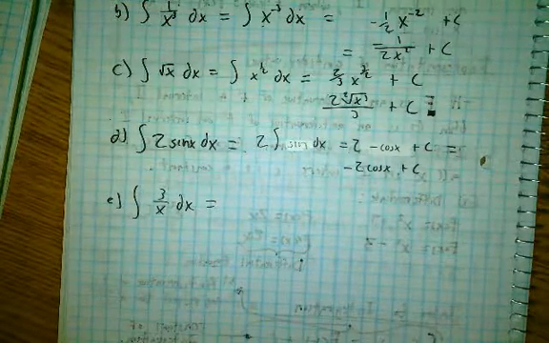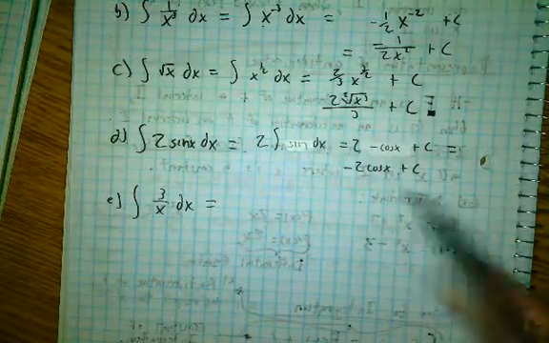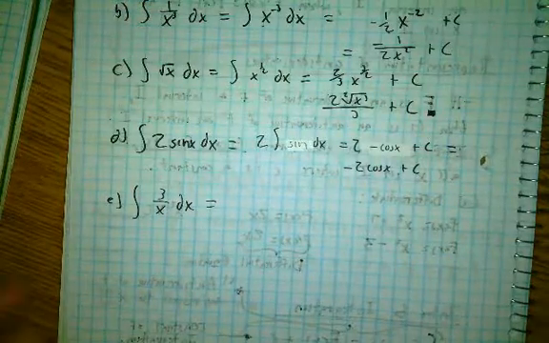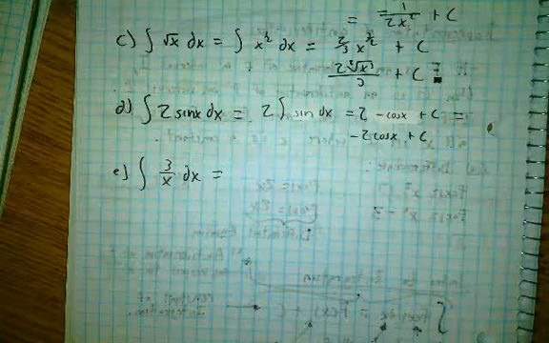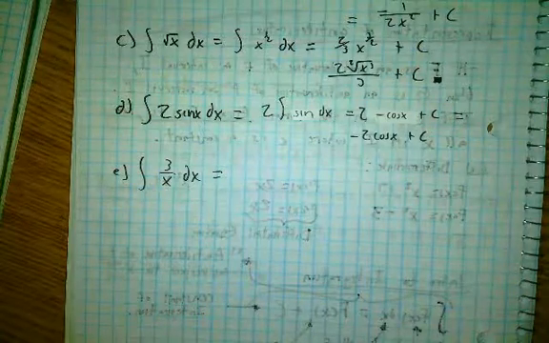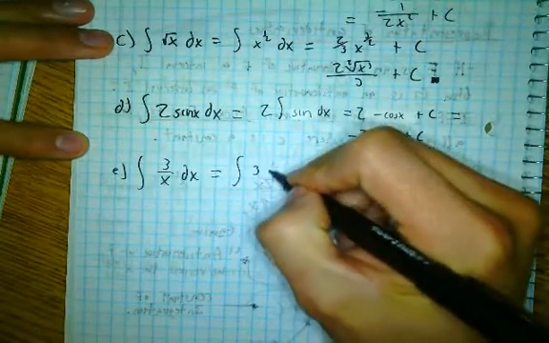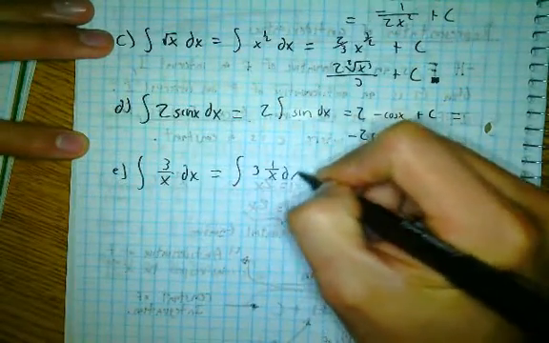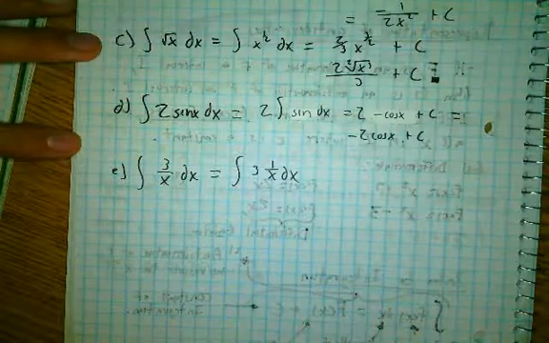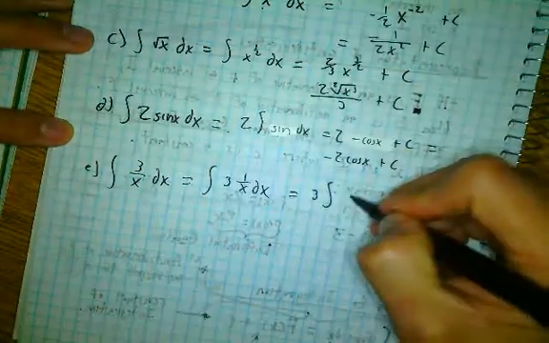Part E actually gets a little interesting. I would have rewritten this as the antiderivative of 3 times 1 over x, and then even further, you can bring out the 3 and have 1 over x dx. Agreed? Maybe it's a lot easier to see it that way.